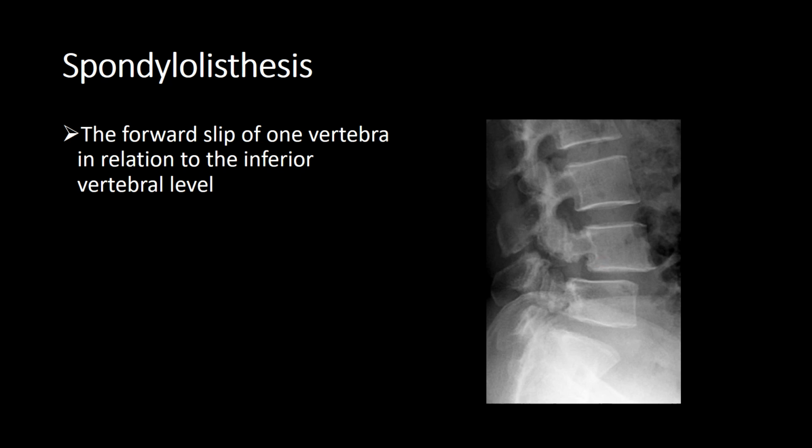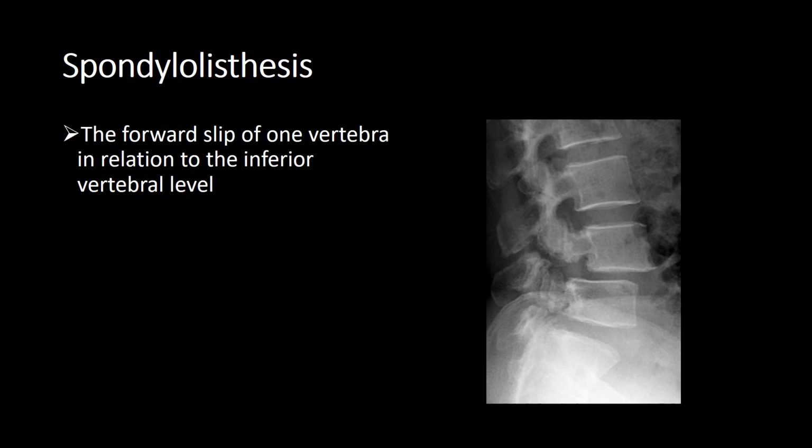Similar to grading vertebral body wedge fractures, you can grade spondylolisthesis grade 1, grade 2, grade 3, grade 4, with grade 1 being up to about 25%, grade 2 up to 50%, grade 3 up to 75%, and grade 4 is when it actually slips over the end completely.